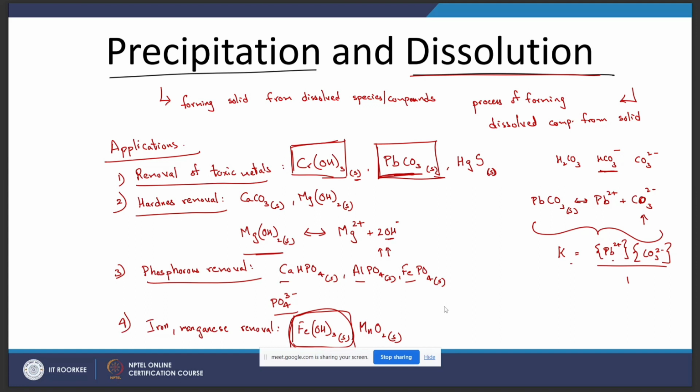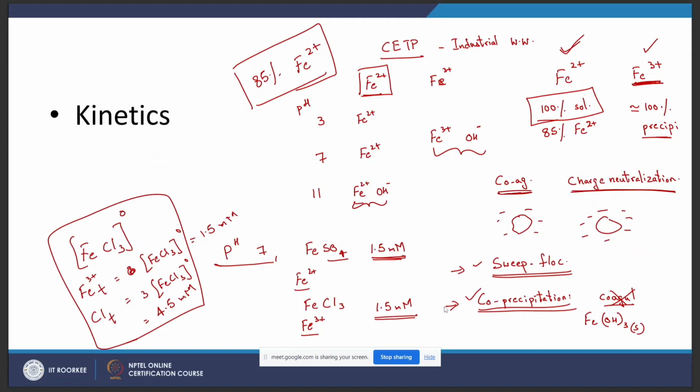Depending upon what process we are operating to treat the water, the overall concentration of heavy metals and phosphate will vary in the sludge, and from the sludge recovery of heavy metals and nutrients is being done.